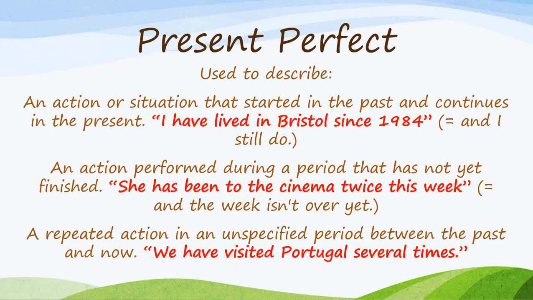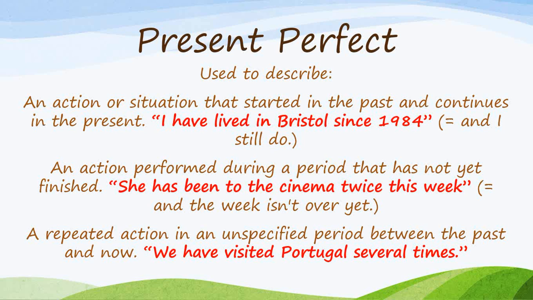The present perfect tense is used to describe an action performed during a period that has not yet finished. For example, she has been to the cinema twice this week, and the week isn't over yet. If the week is not over, we can speak using the present perfect.